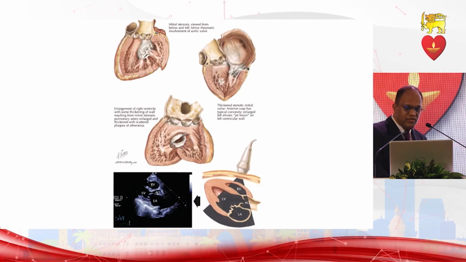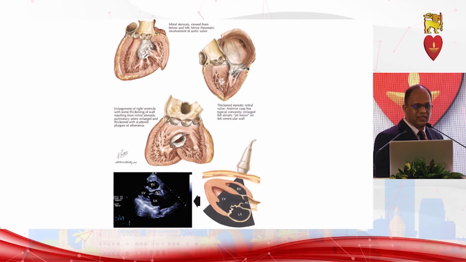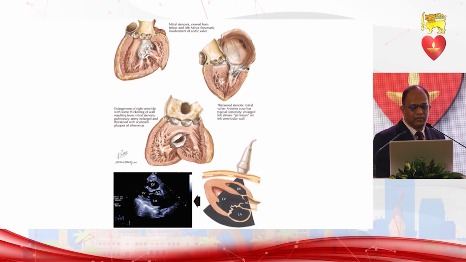So we'll just look at this picture of mitral stenosis. It's not only a problem with the mitral valve, it's a problem with the mitral valve and the related structures. We call them the chordae and the papillary muscles, and surrounding tissues can be involved in mitral stenosis.